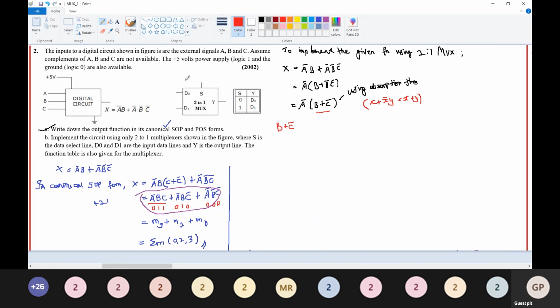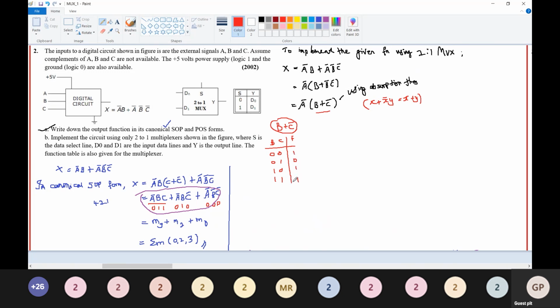So B plus C dash, representing this in the truth table: B and C with output F, with the inputs 0 0, 0 1, 1 0, 1 1. So B plus C dash is represented in the truth table like this: 0 and the remaining are all 1.